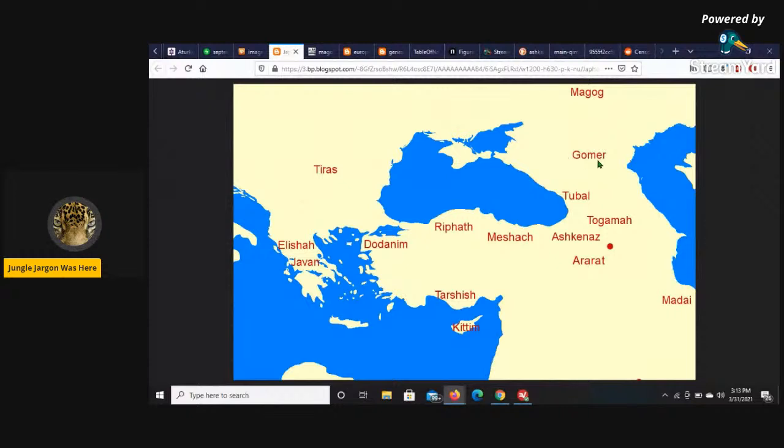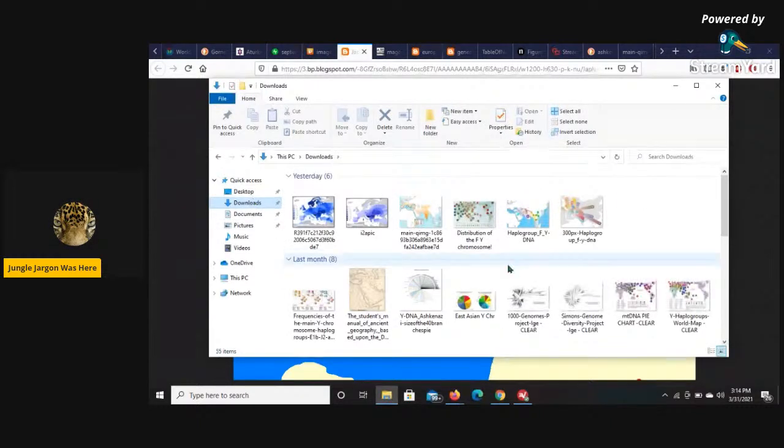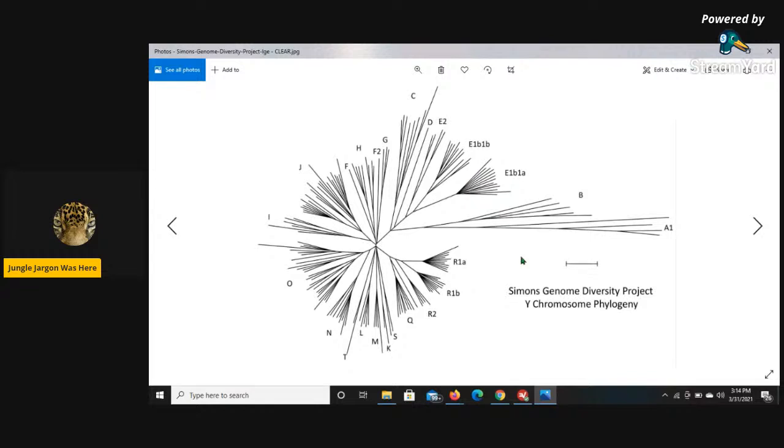So now Gomer is the father of the Ashkenaz, of course, which we'll just go ahead and identify as the RY chromosome and the Q. In relation to the Y chromosome, Gomer is of course European.